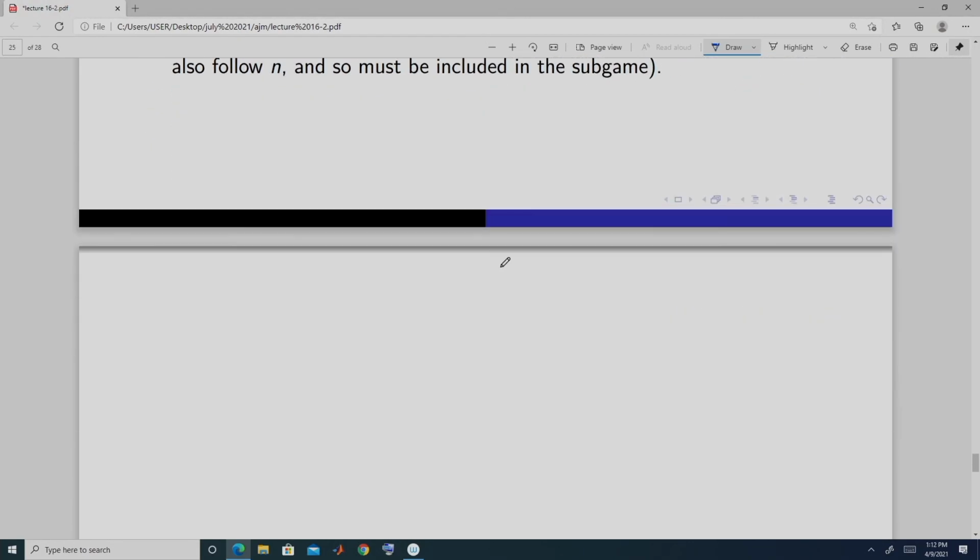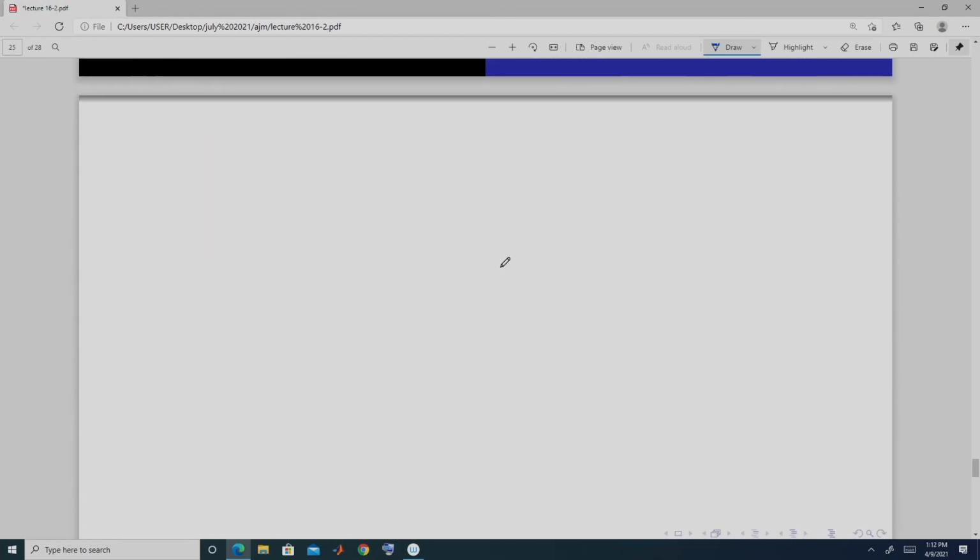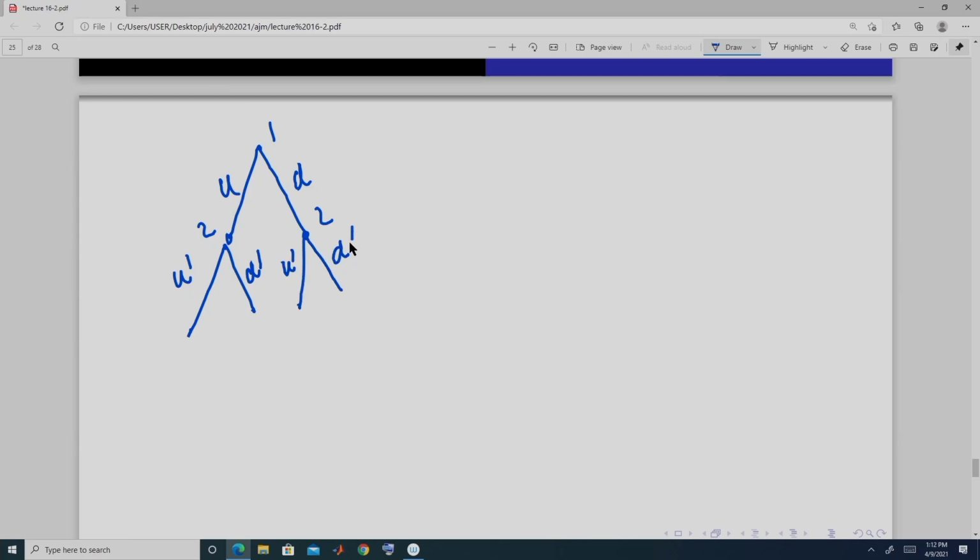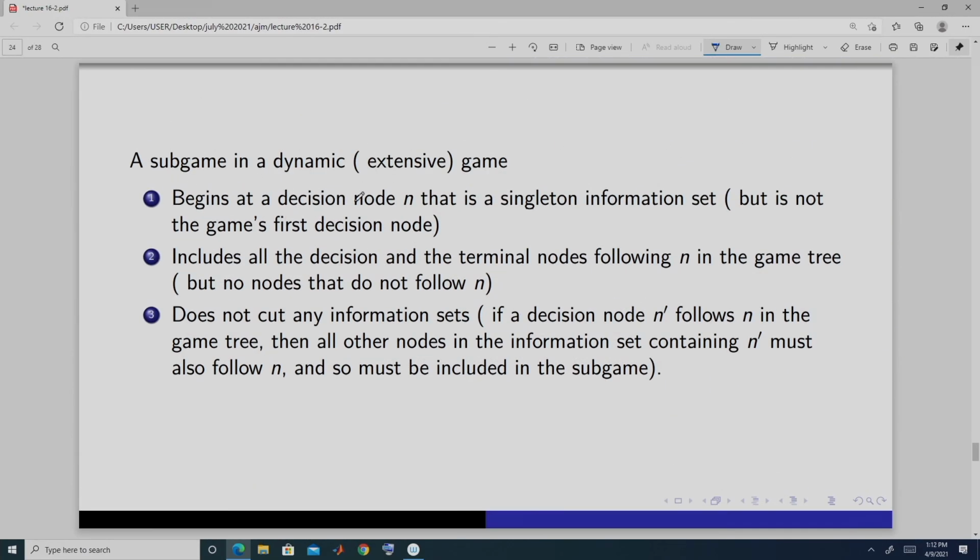And subgame, if we take this game, is defined in this way: the subgame should begin at a decision node, numbered n, any number, that is a singleton information set.